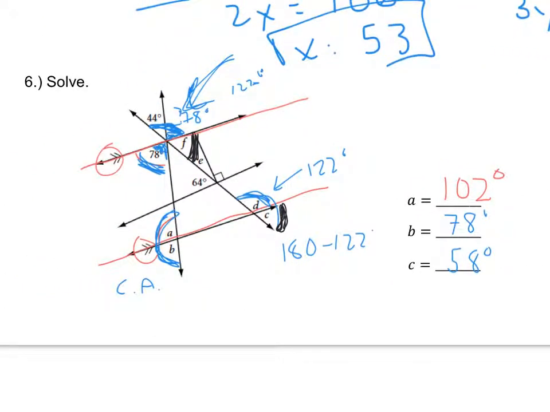Let's focus our attention now near the square corner down here. And notice that square cornered angle plus angle E plus the 64 makes a straight line. All three angles taken together would be supplementary.